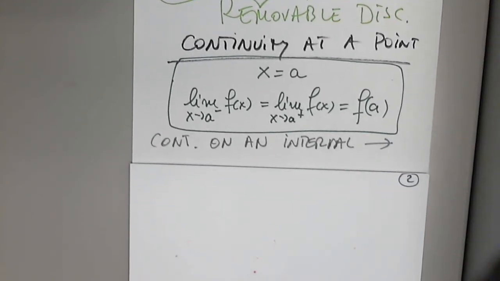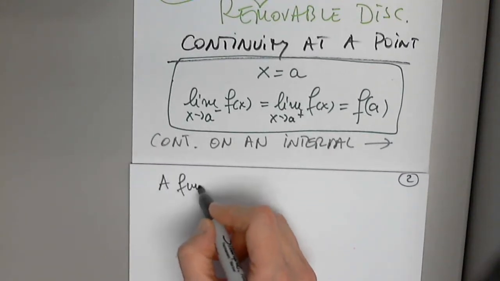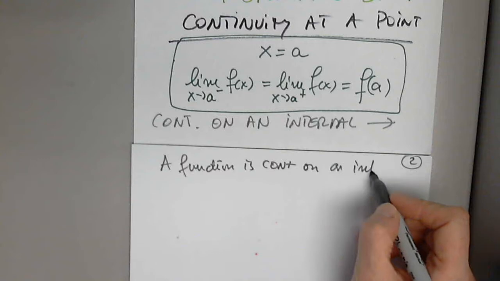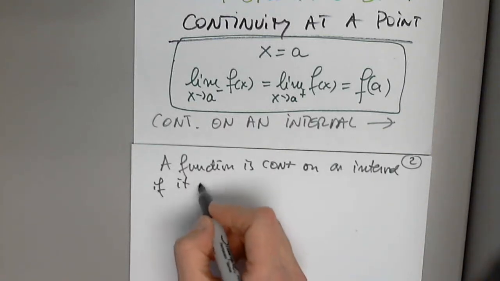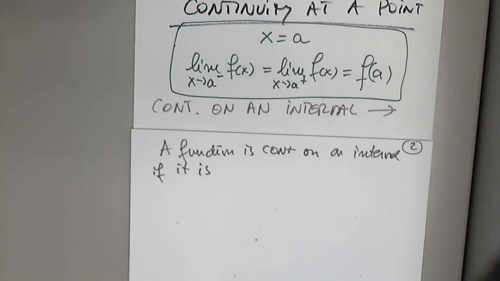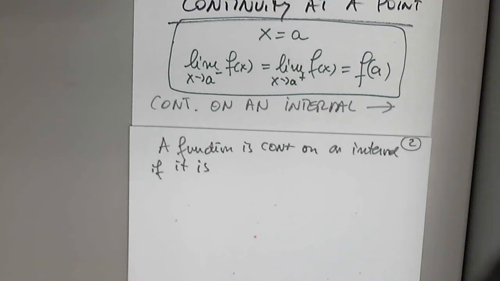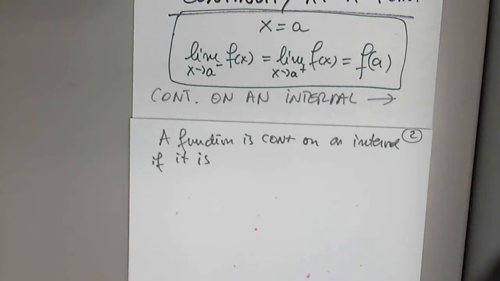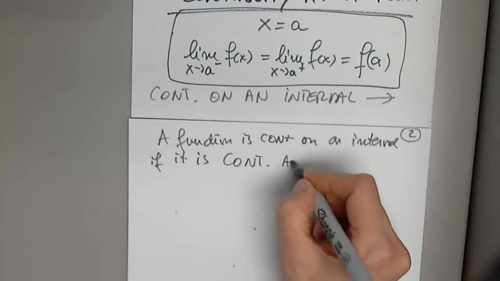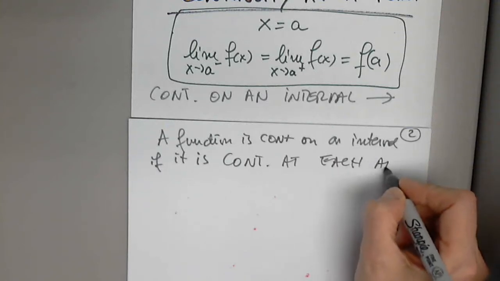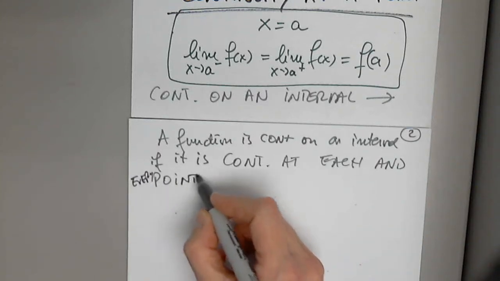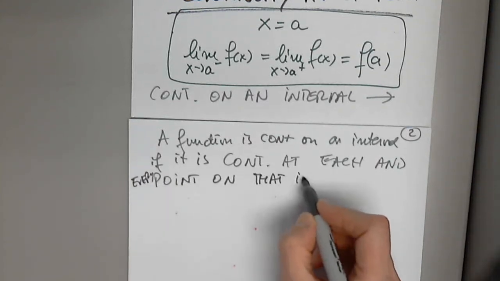A function is continuous on an interval if it is continuous at each and every point on that interval. Of course.